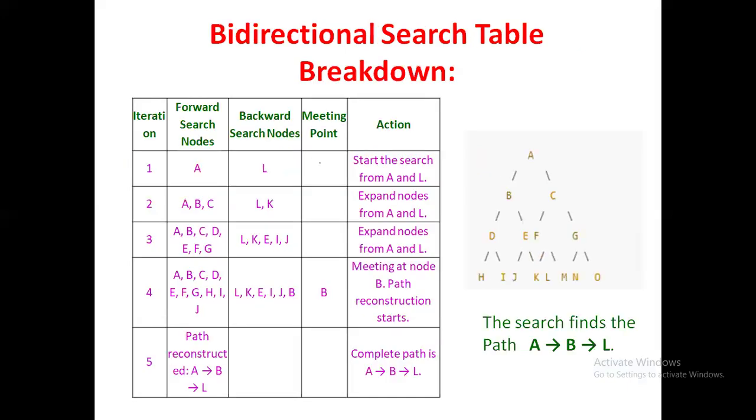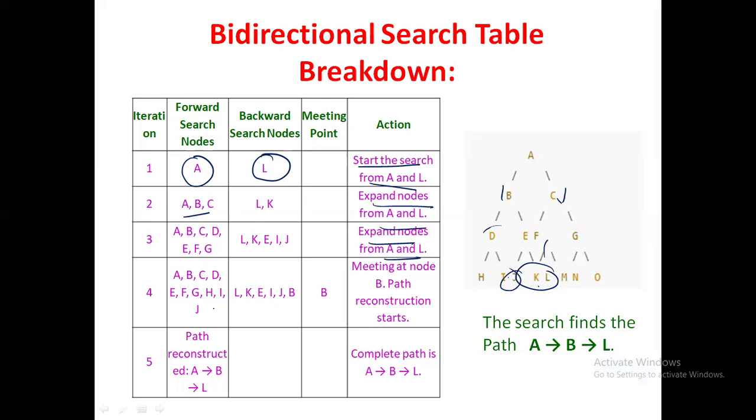So this could be explained in a table also. In the forward search A and backward search L, we are doing it. What is the action? Start the search from A and from L. From A to B and C, and backward search L to K, and expands nodes. Similarly, A, B, C, D, E, F, G, and from the backward search L, K, I, J expands the node.